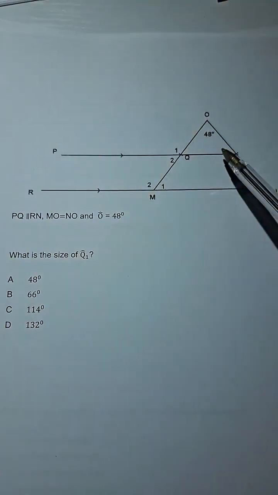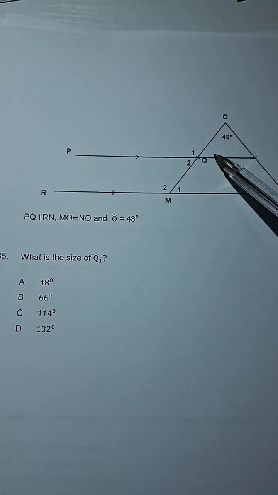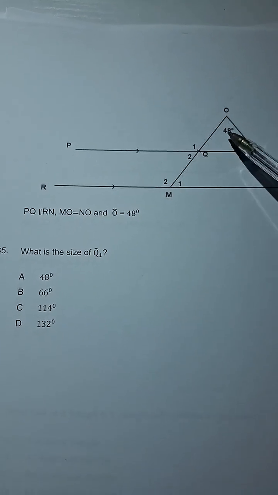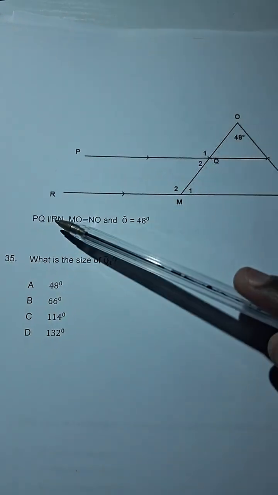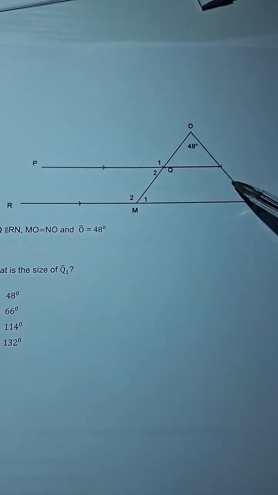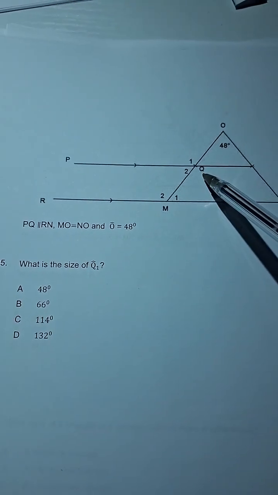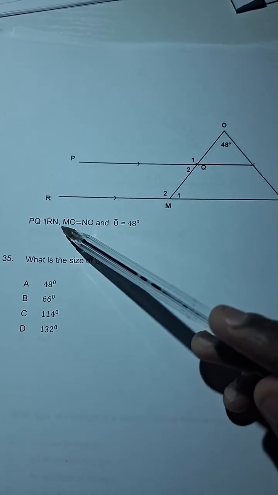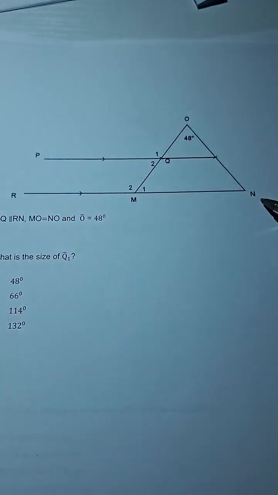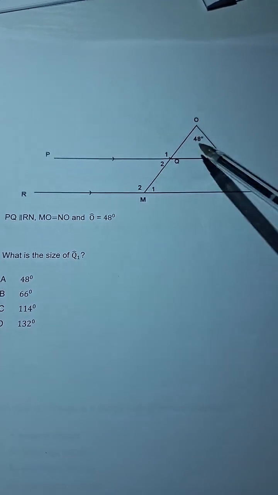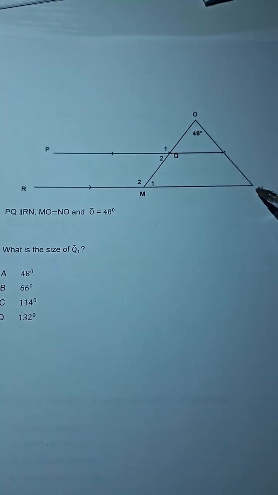I think we're going to look at some problems here that are related to geometry of straight lines. As you can see here, we have PQ, and we are told that PQ is parallel to RN.